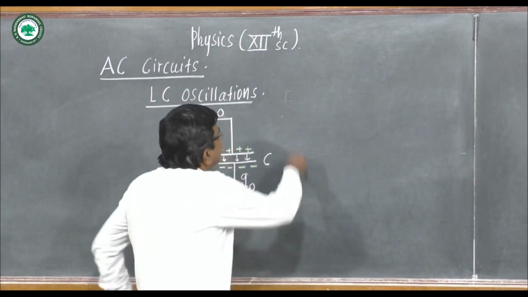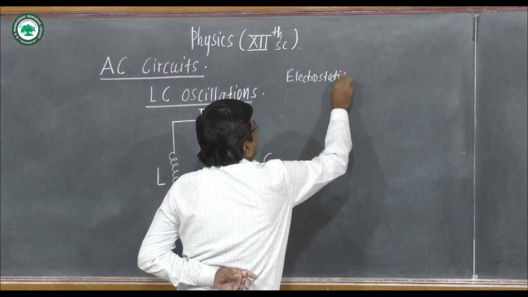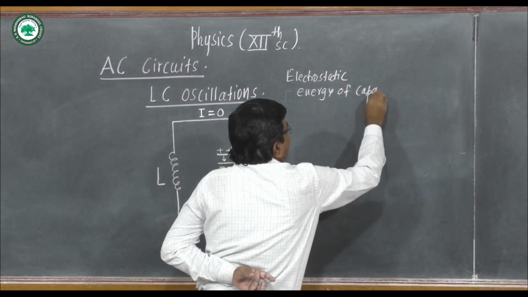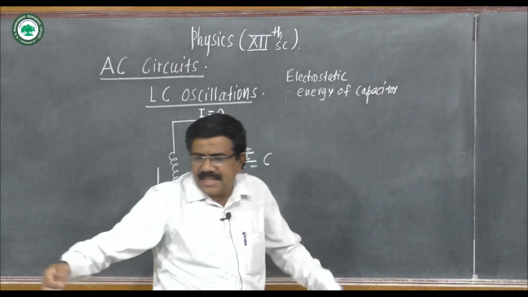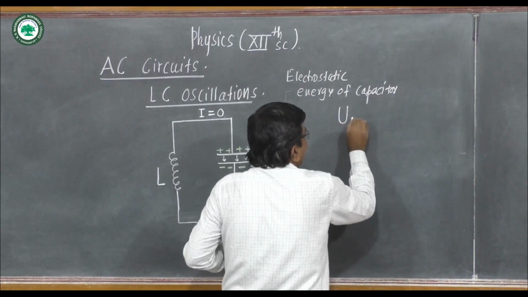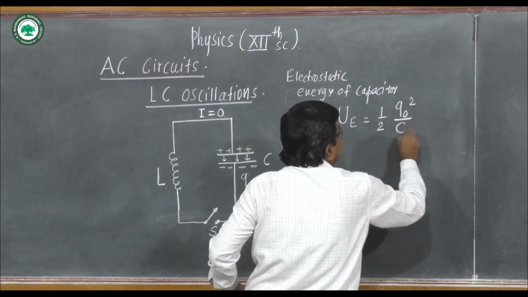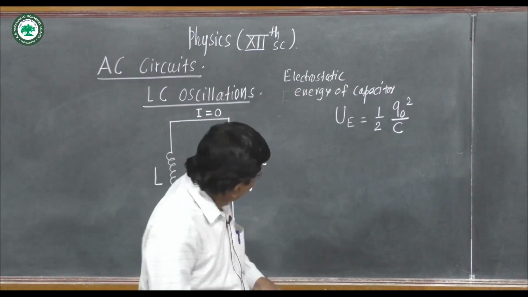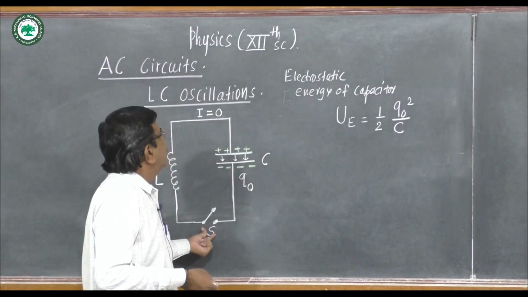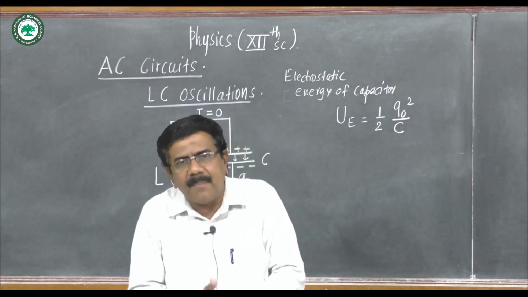Here the electrostatic energy of the capacitor, we denote this energy as UE, is 1/2 Q0 square upon C. When the capacitor is fully charged, Q0 is the peak value of charge, the switch is open, and there is no current through the inductor, which is connected in parallel with the capacitor.